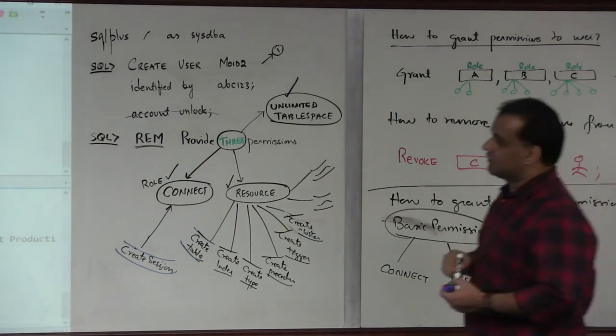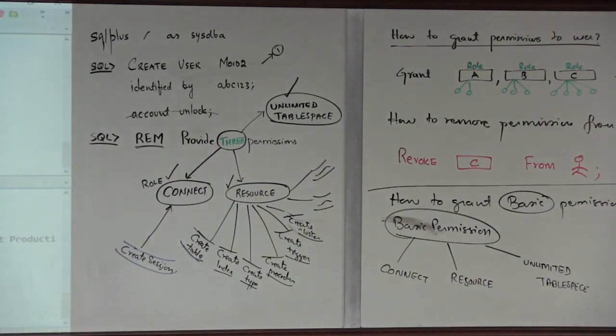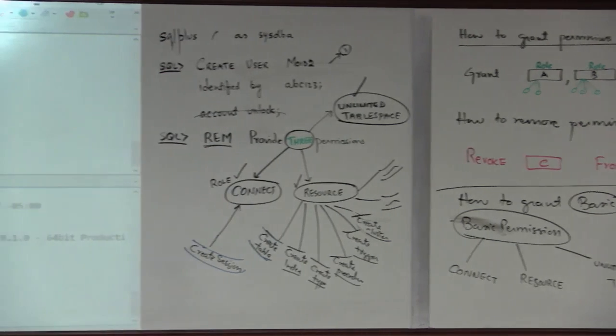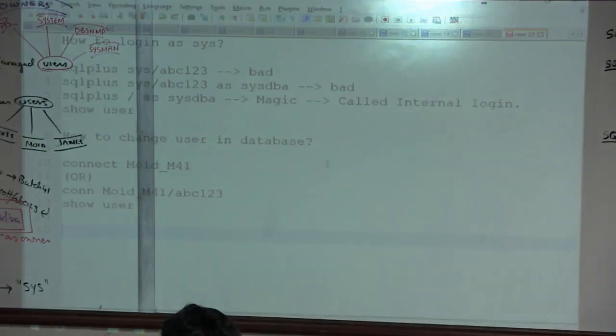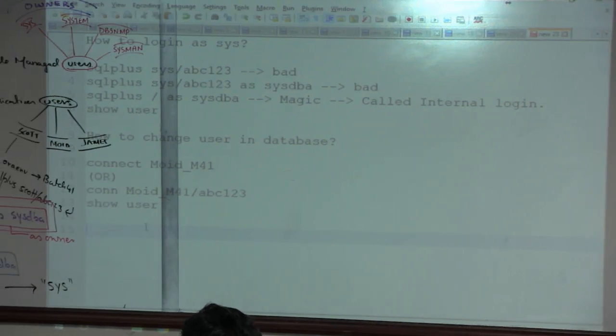So let me try this now. Whenever you are creating a user, how to create a user: create user, identified by.